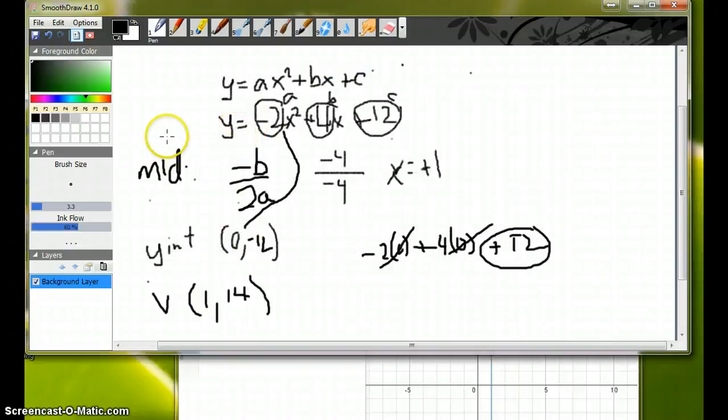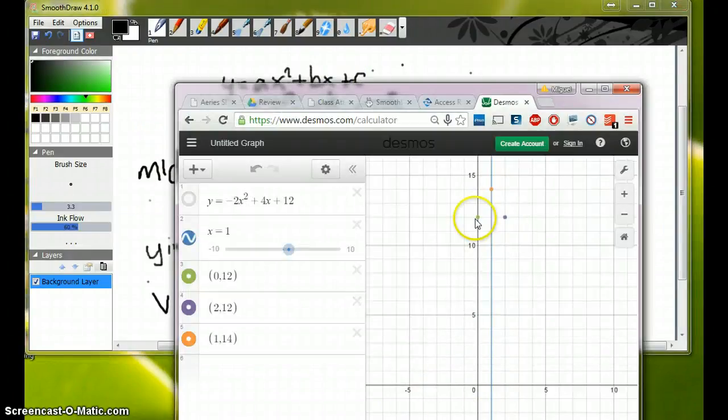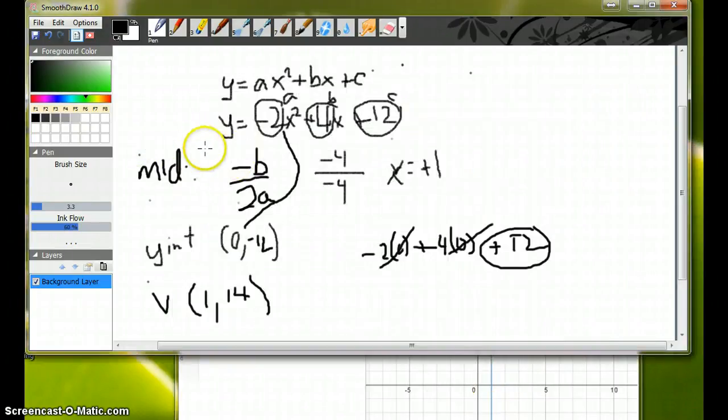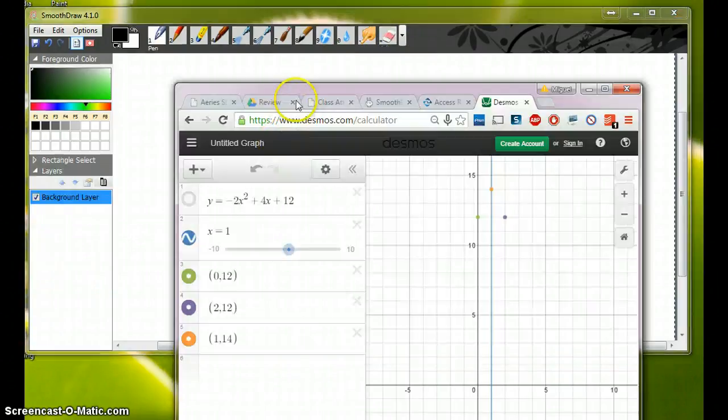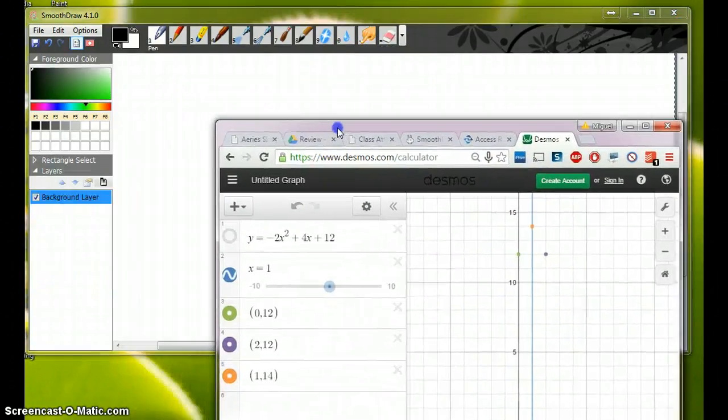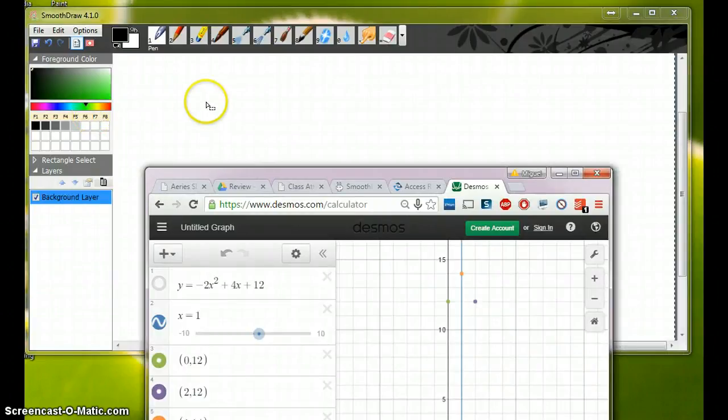All right, last step is to find the x-intercepts. And you can kind of see that they're going to be right around here somewhere. All right, so I'm going to try to go neat here. Erase some of this stuff. Okay, so to find the x-intercepts, you have your equation.